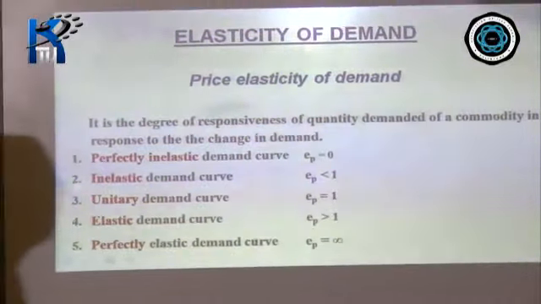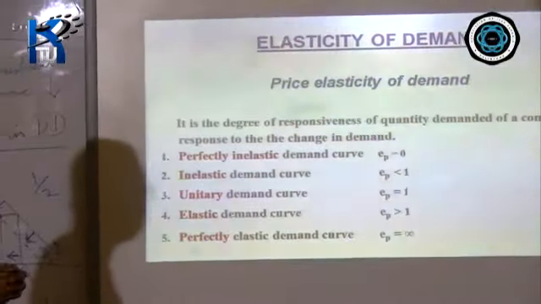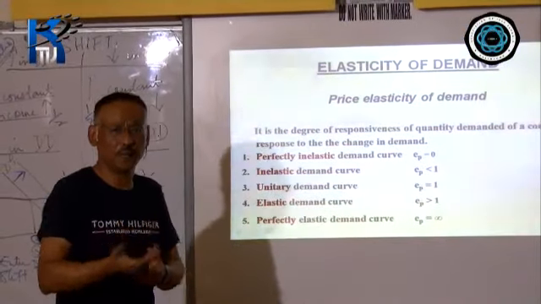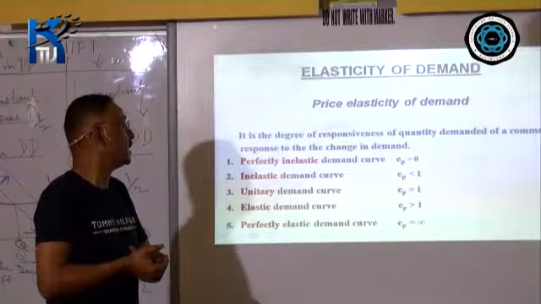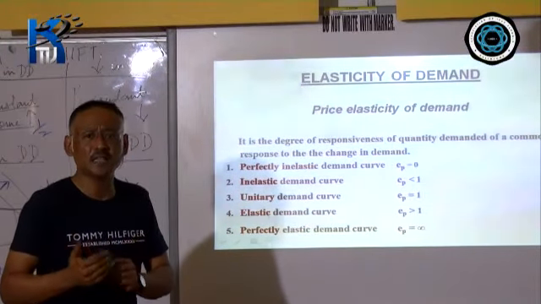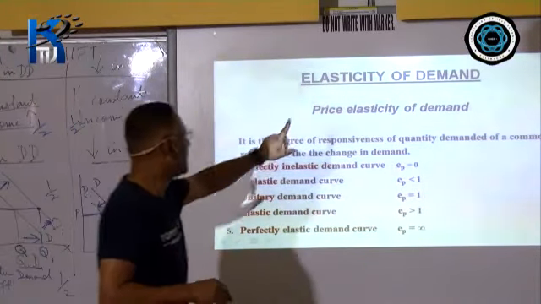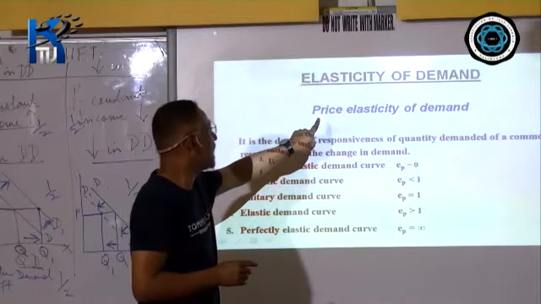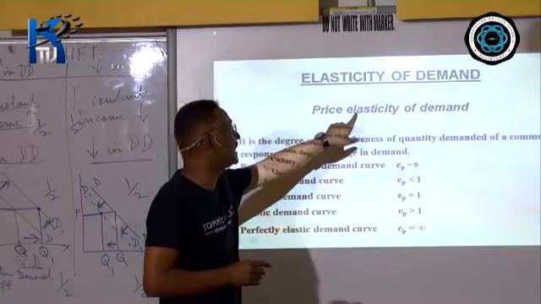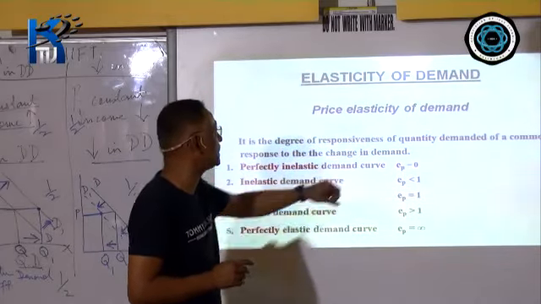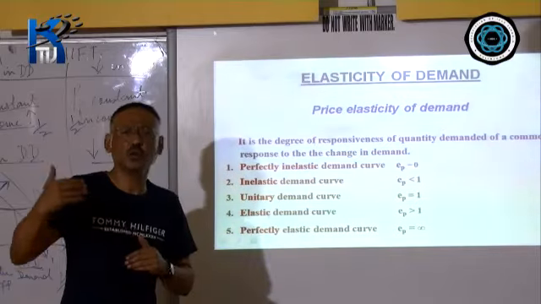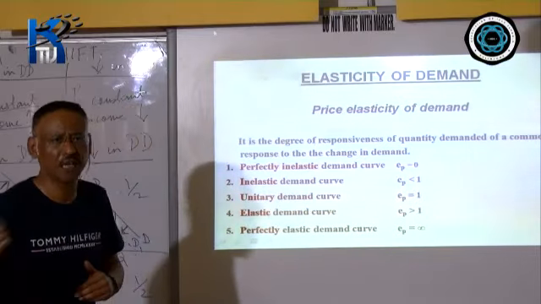For example, if the price of, say, potatoes increases by 10 rupees, then the quantity demanded will decrease. But by how much? Price elasticity of demand is what we will talk about here. It actually means that if there is a change in the price, how much will the quantity demanded change?